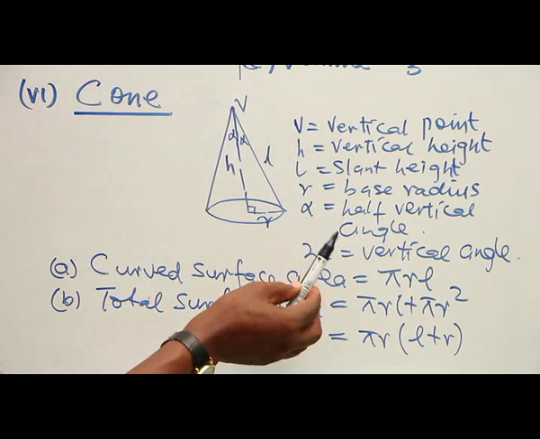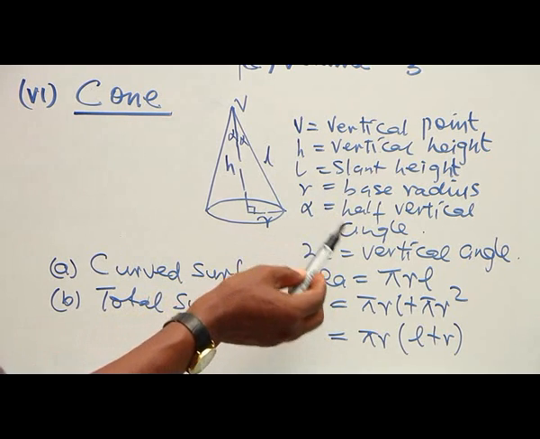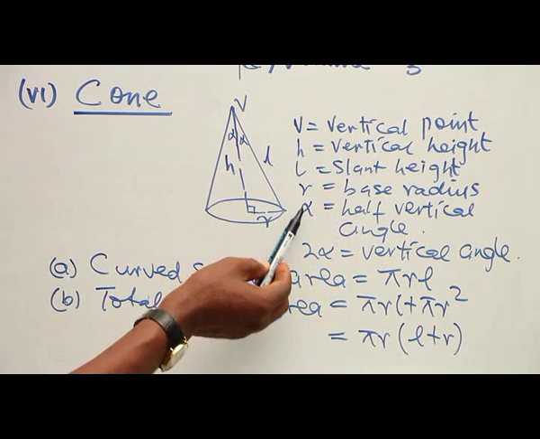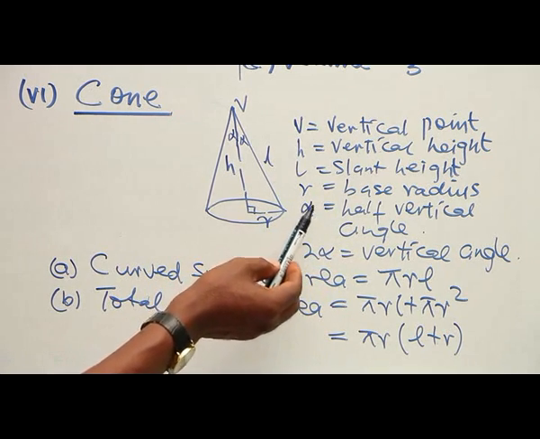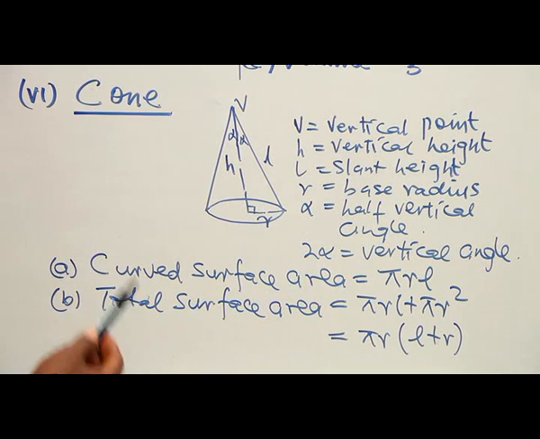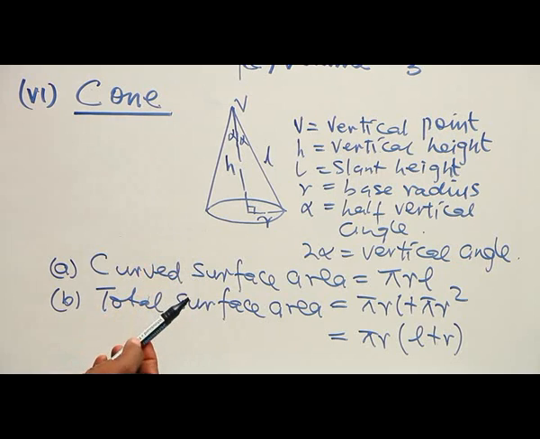I'm saying this because some questions will require you to calculate the vertical angle. You will first of all be able to calculate the first one, the alpha, and then multiply your alpha by 2 to give you the vertical angle. Take note of that. Now, we also look at the curved surface area of the cone.